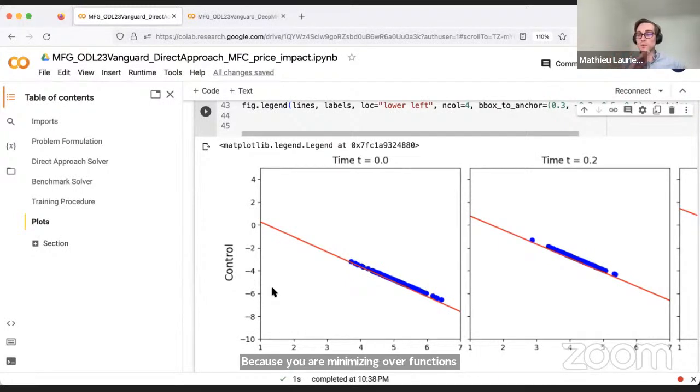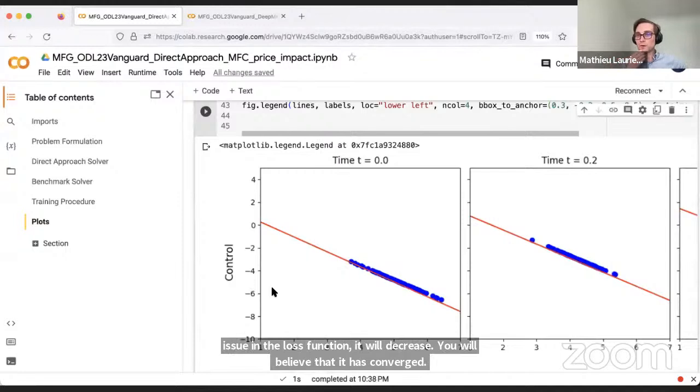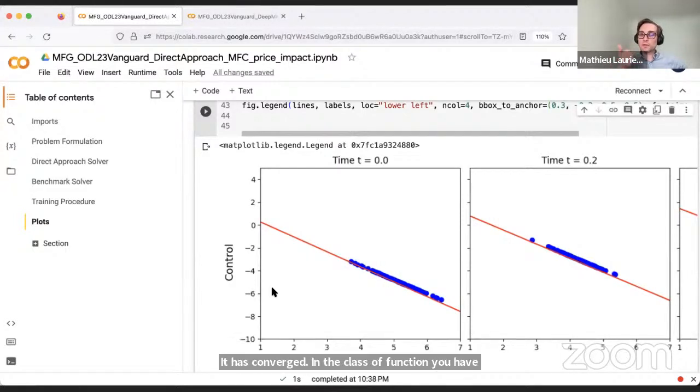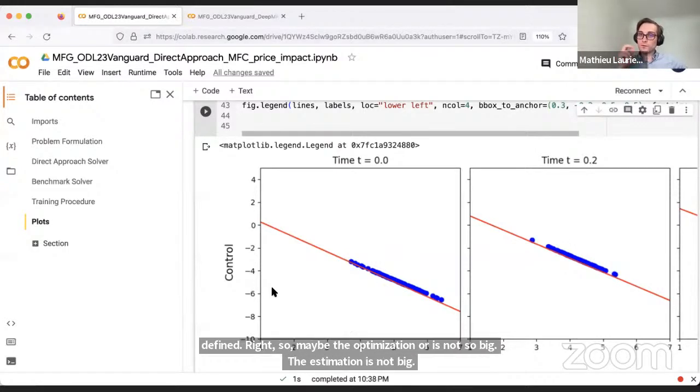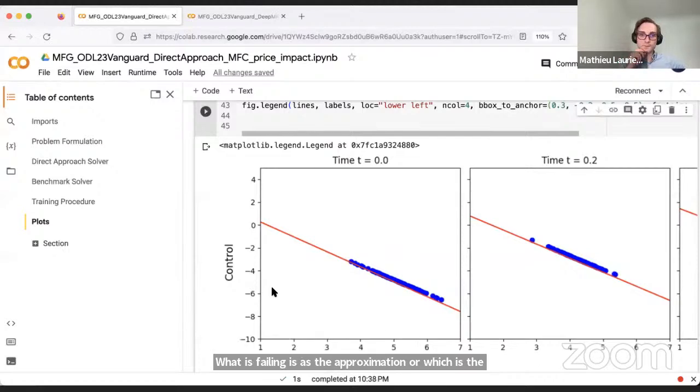So you will not see any issue in the loss function. It will decrease, and you will believe that it has converged. It has converged in the class of functions you have defined, right? So maybe the optimization error is not so big, the estimation error is not big. What is failing is the approximation error, which is the first type of error I described in the slides.